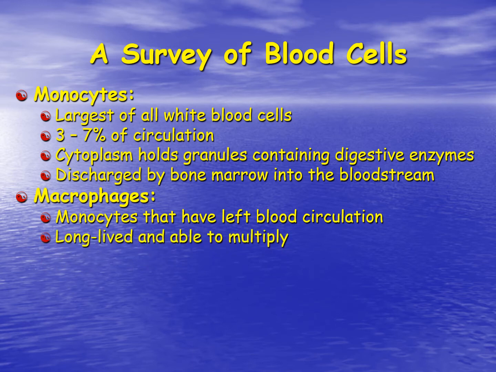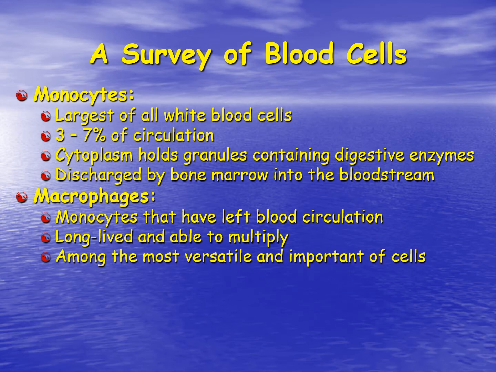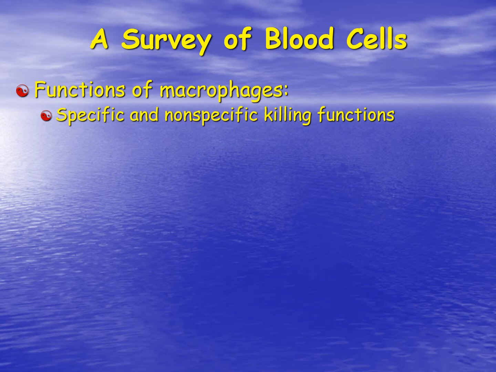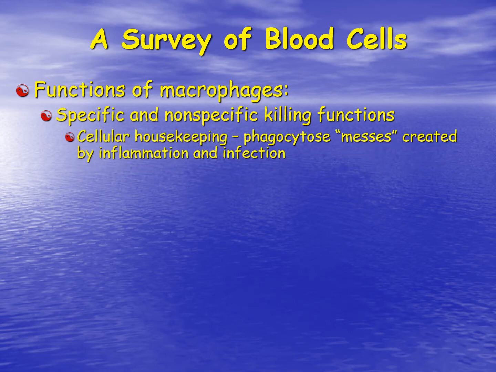The macrophage is very long-lived in the tissue and actually does have the ability to undergo mitosis. They are among the most versatile and important of all of the white blood cells in our immune system. Functions of macrophage, they have both specific and nonspecific killing functions.